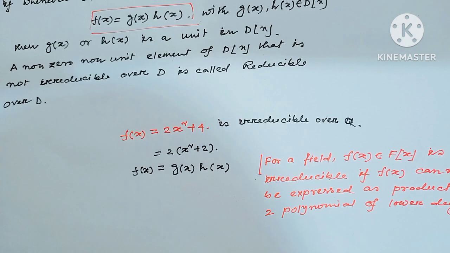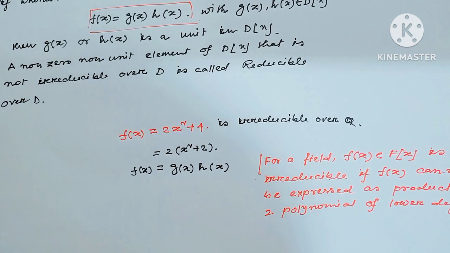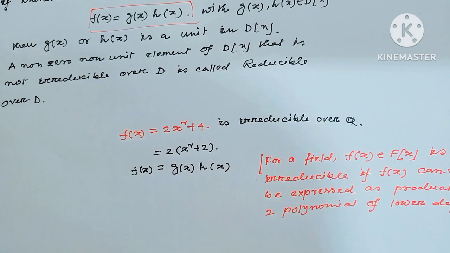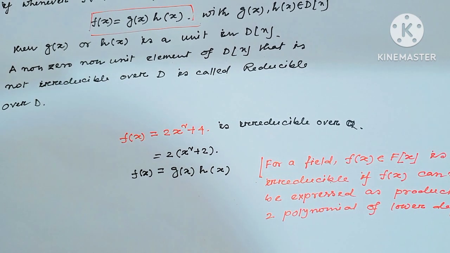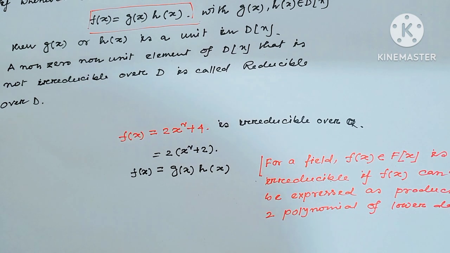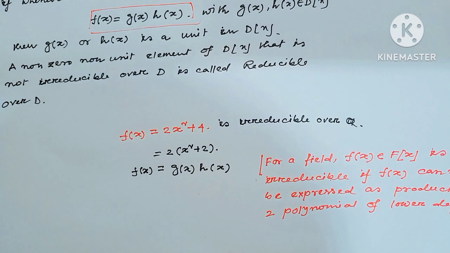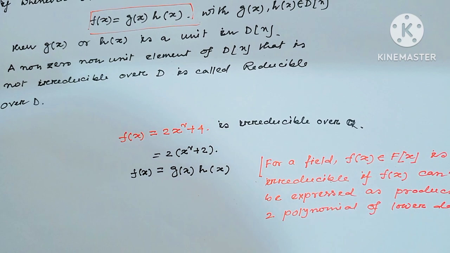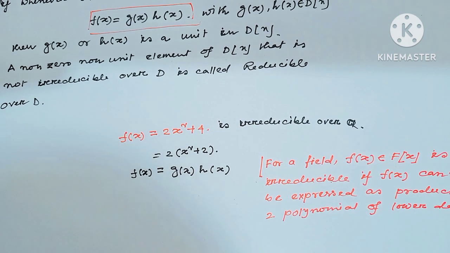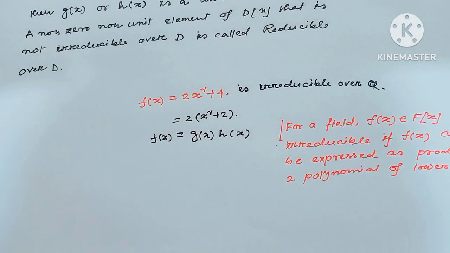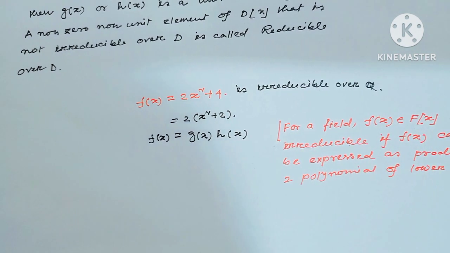If we write, for example, f(x) = 2x^2 + 4, obviously this is irreducible over Q, because 2x^2 + 4 means 2 times (x^2 + 2), which is written as g(x) times h(x).